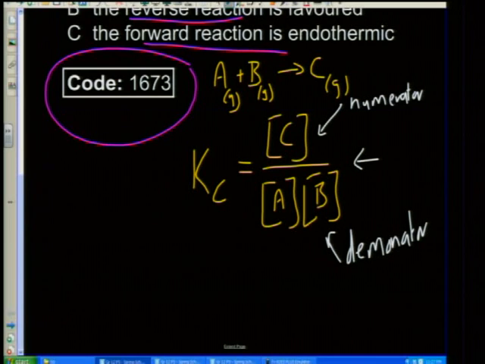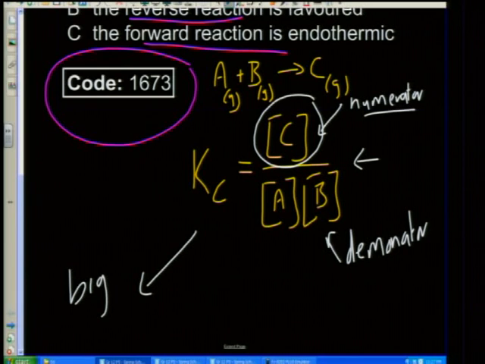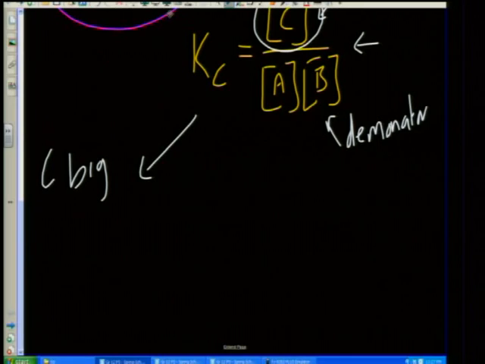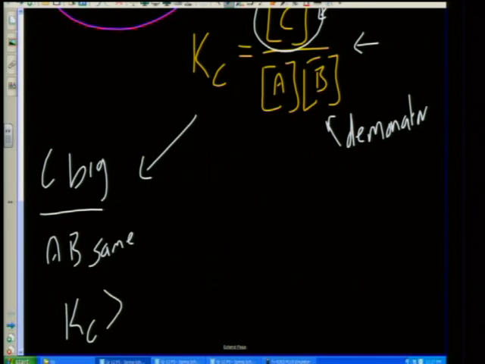Now, the numerator, if this is bigger, let's just get something clear. If the C value here is big, C is big, and A and B are small, then I'm going to get the Kc value bigger than 1.